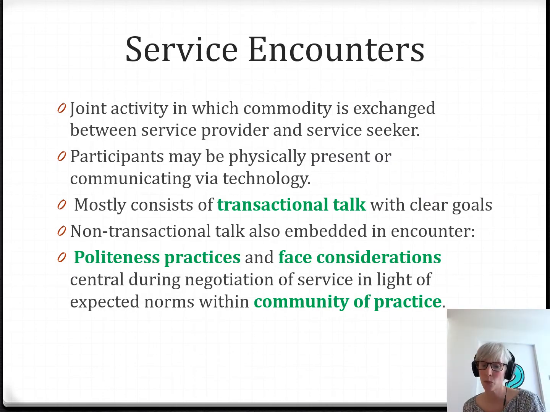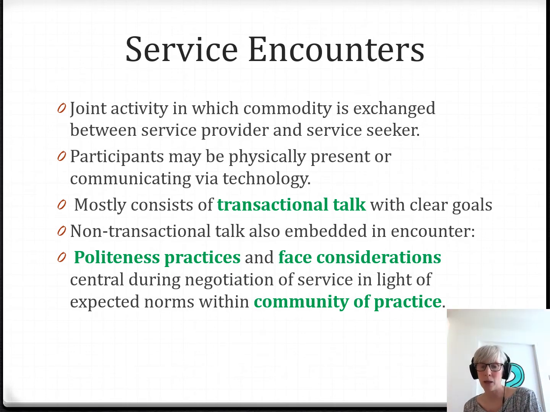So we did quite a bit of work on the service encounters. You analysed a couple of service encounters. Okay, they are different to normal conversation because it's got this goal, it's transactional. The customer wants to get something and the person behind the counter wants to sell them something or give them something.